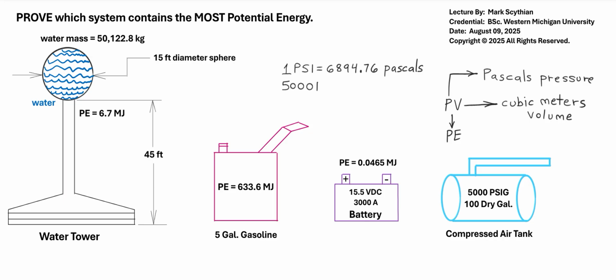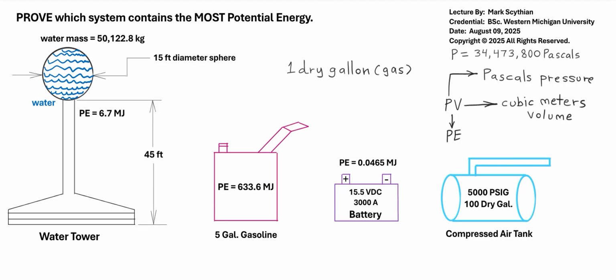So if you do the math, you can calculate 6894.76 pascals to 1 psi. So we convert the PSI gauge pressure of the compressed air tank into pascals, and we get 34,473,800 pascals of compressed air pressure.